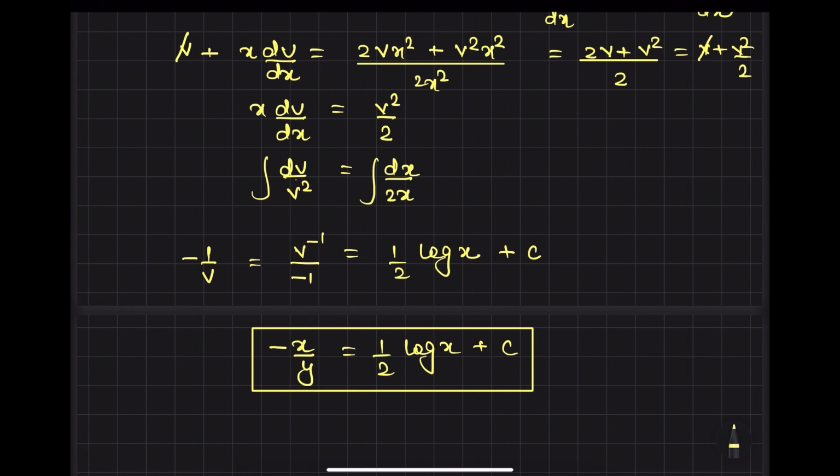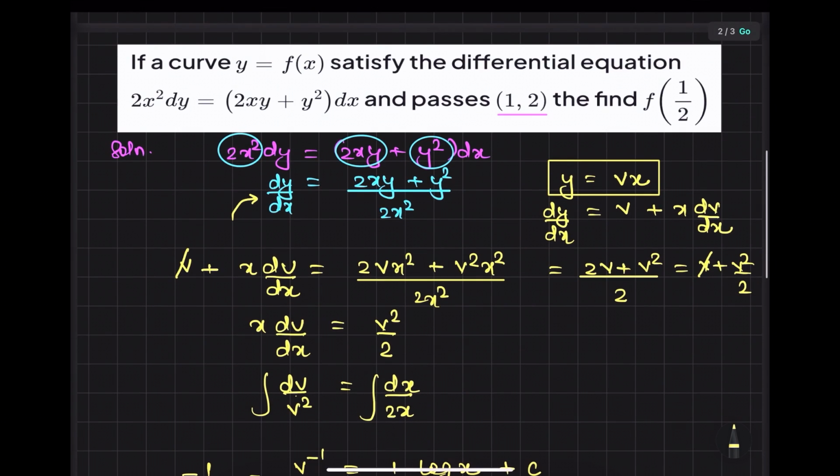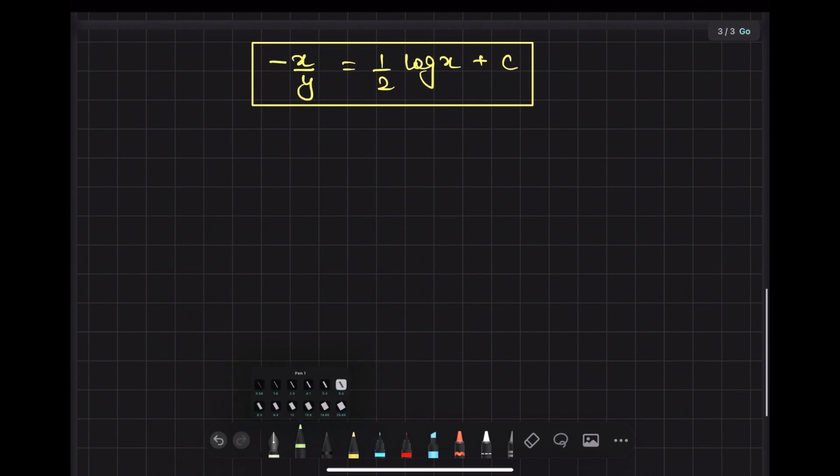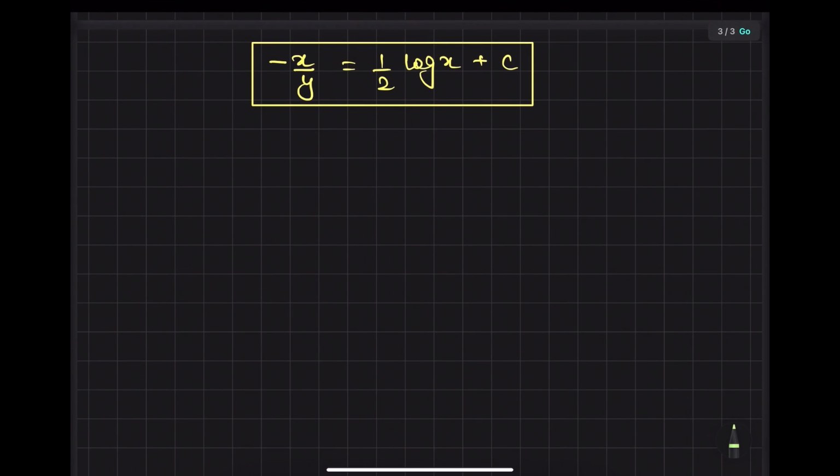Now to find the value of this integration constant c, we will use this idea. As the curve passes through (1, 2), it will satisfy (1, 2). In place of x we put 1, in place of y we put 2. So it is minus of 1 by 2 is equal to, log 1 will become 0, so the value of c is minus of 1 by 2.